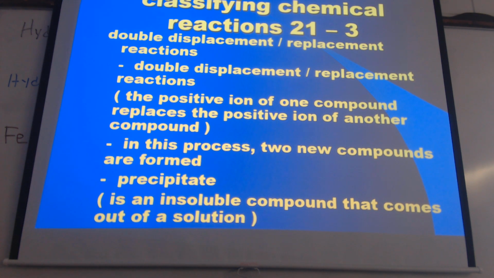So when it falls out of the solution, it's known as a precipitate. So that's what you do. You take two substances, react them with one another, and then you calculate how much precipitate you actually formed as opposed to what you should form on pencil and paper. It's these types of predictions that chemists would probably utilize to see what is the most efficient way to make different types of substances.